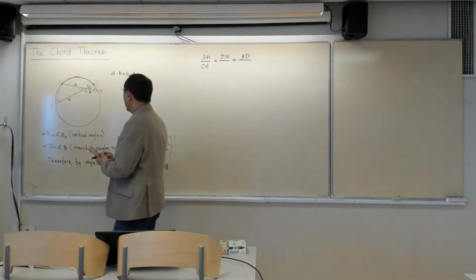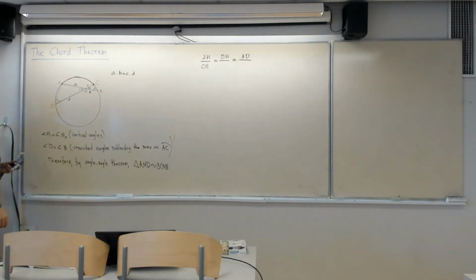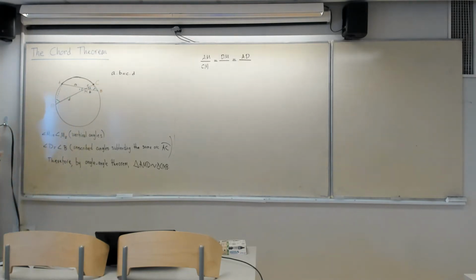Either you can, in your head, twist it a little bit and put it here to understand what is going on, or you can reason like this. You would say that AM is opposite to D in the bigger one. Which angle was equal to D? It was angle B. Which one is opposite to B is CM. So this is one way also to understand it.